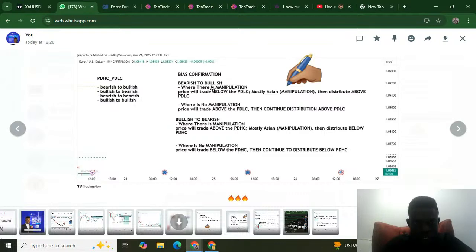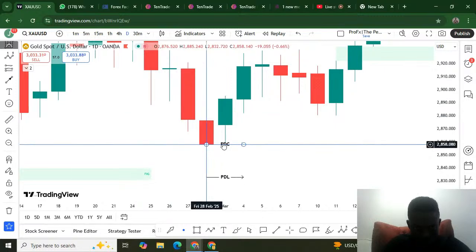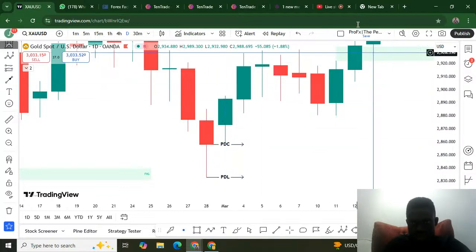We said for manipulation, price will trade below the previous day low and close, mostly in Asian, then distribute above. Now, if you say manipulation, the price must trade below this close. Look, this is where it closed. The price trades below this close, they now distribute.